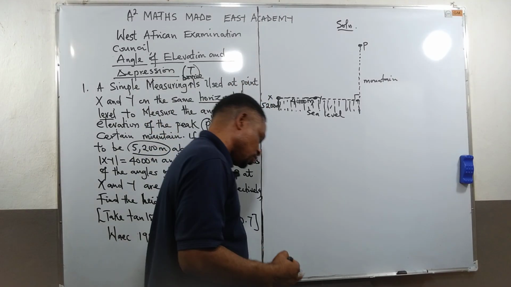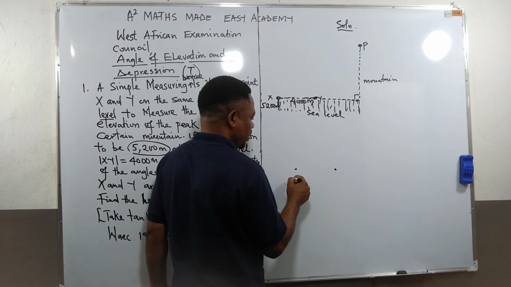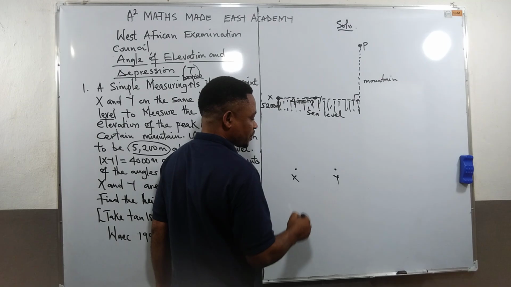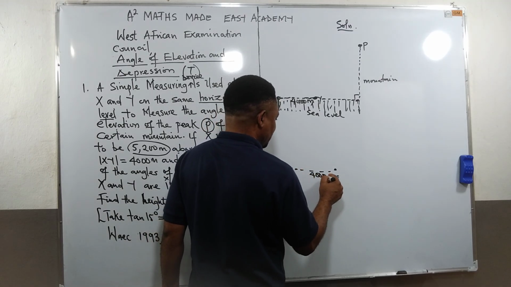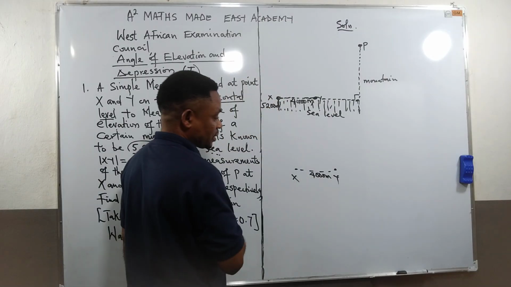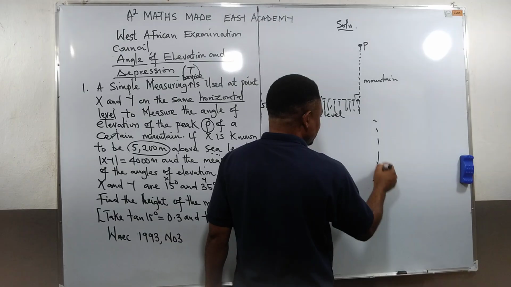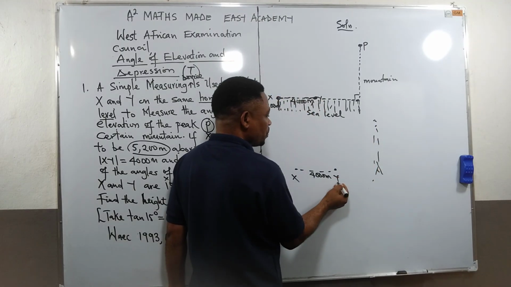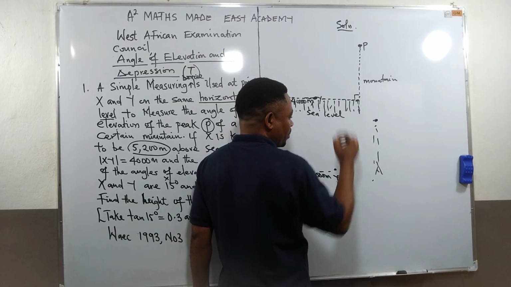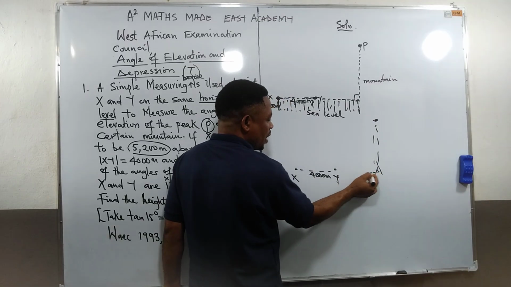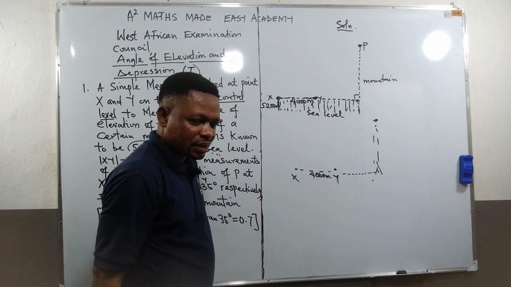Let's say we have two objects here, like this, and this is point X, this is point Y. The distance between X and Y is given as 4,000 meters. And there is a mountain here. You agree with me that for this point to observe the peak of the mountain, it must be a little distance away from the mountain.